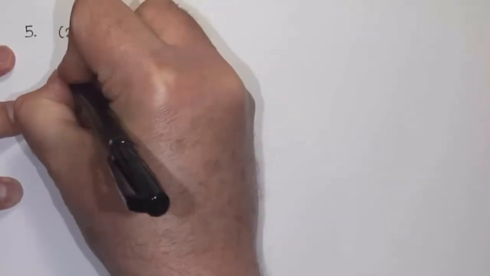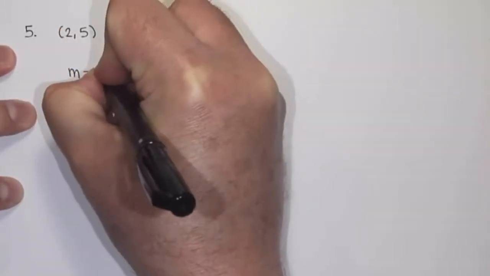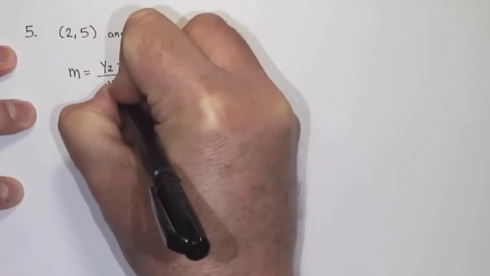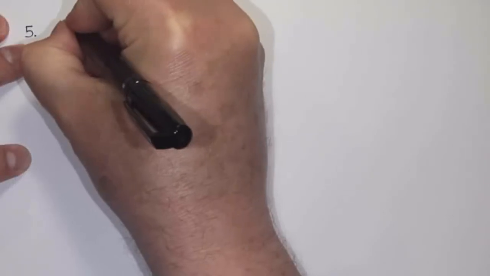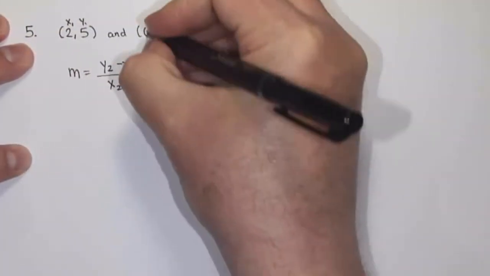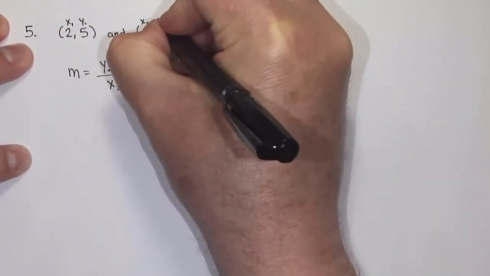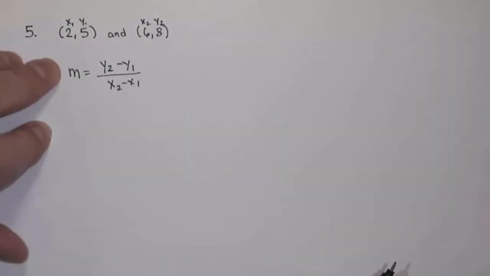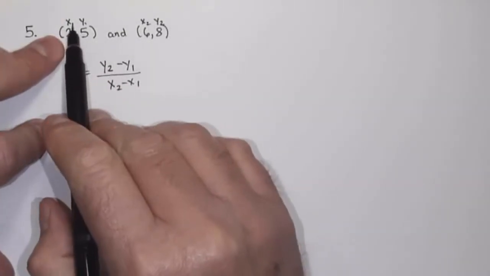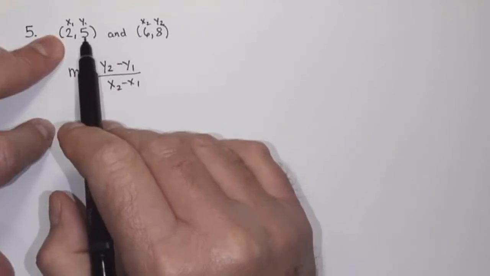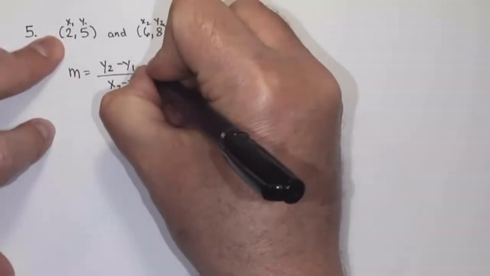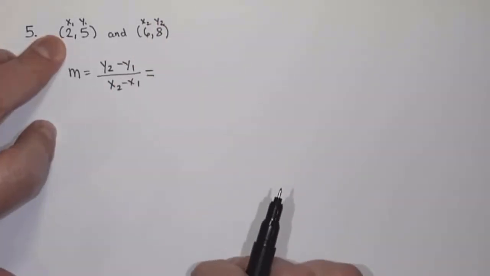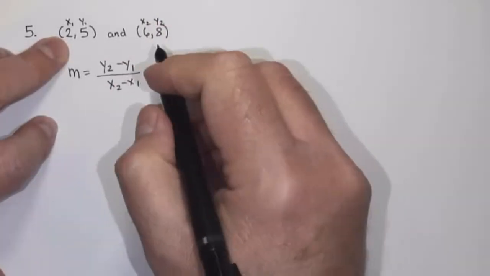Now remember, our slope formula is y2 minus y1 over x2 minus x1, where x1, y1 is one of the points, and x2, y2 is the other point. So in other words, if I let x1 be 2 and y1 be 5, then x2 is 6 and y2 is 8. And I'm just going to substitute those into my formula and simplify.